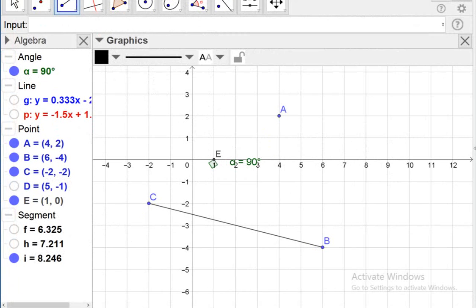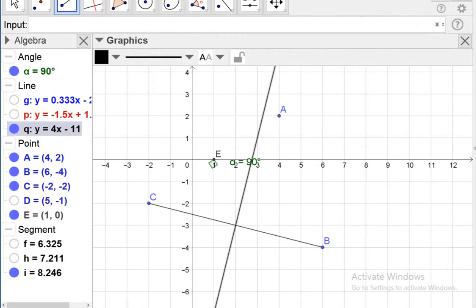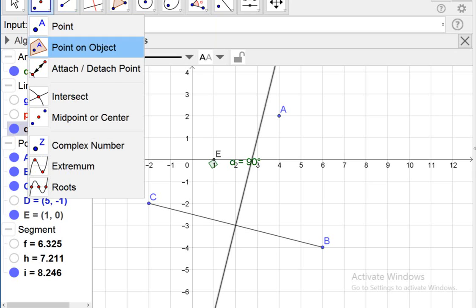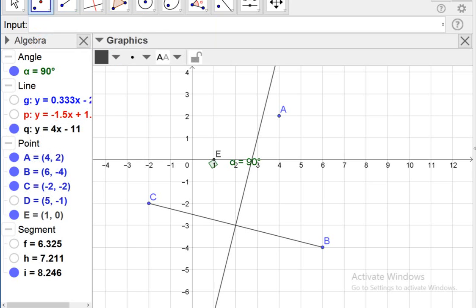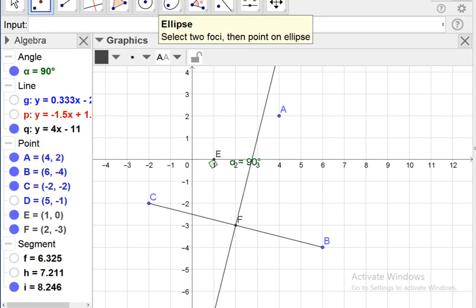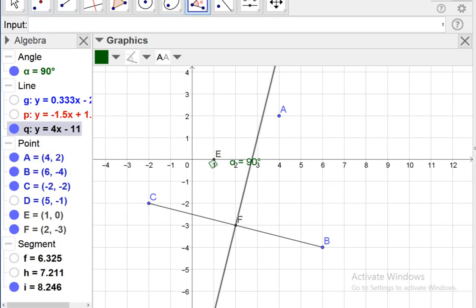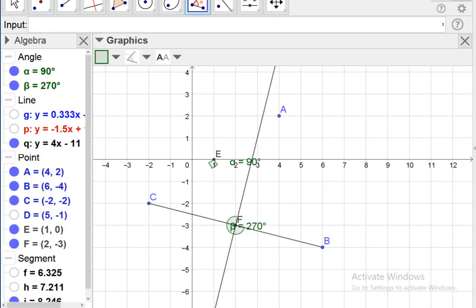Just to confirm, if I type in y equals 4x minus 11, does that look like it passes through the midpoint of CB? It does. And do we have right angles there? And we do.